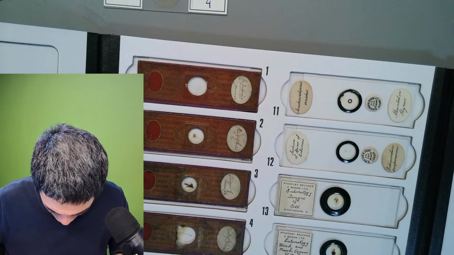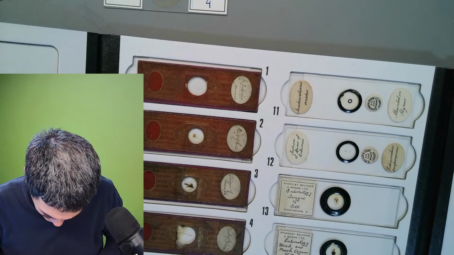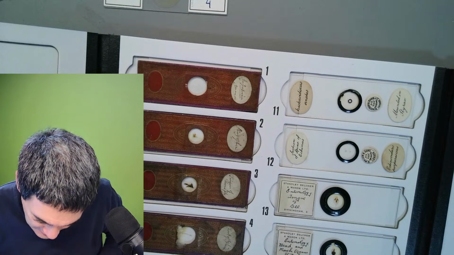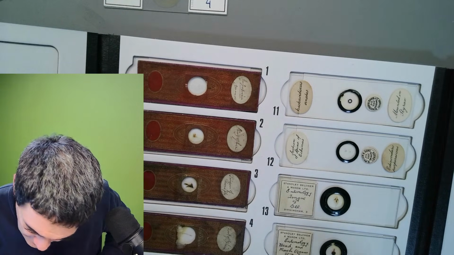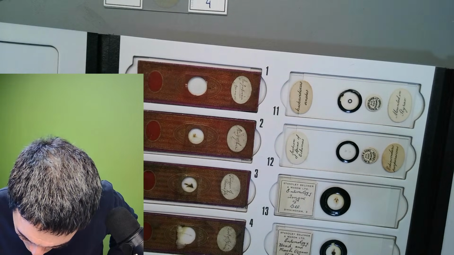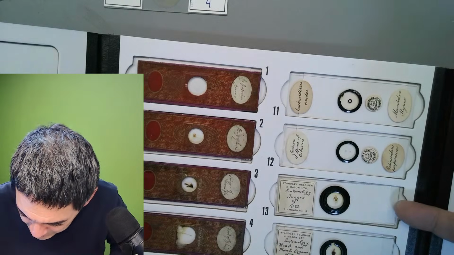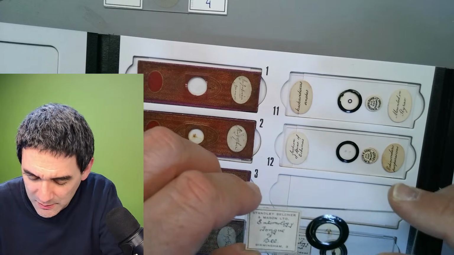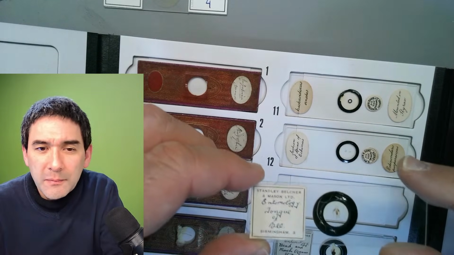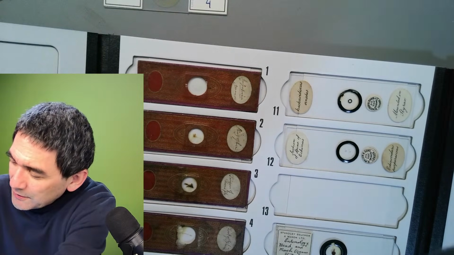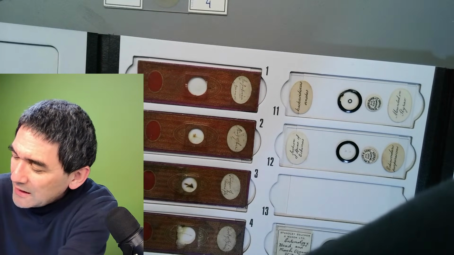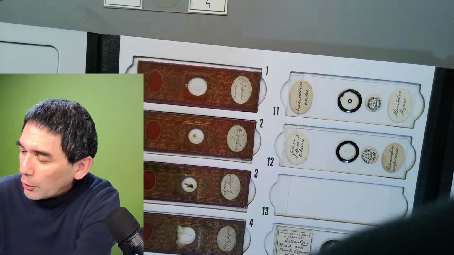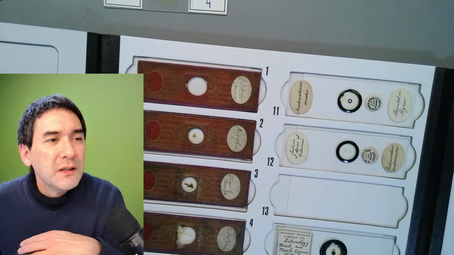I don't know what this is here. Yeah, let's have a look at it. Some others. Tongue of a bee. I've got also some insect parts as well. Bee stingers and bee parts are fairly common, obviously, as specimens.